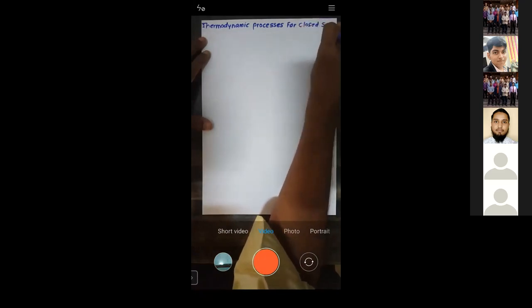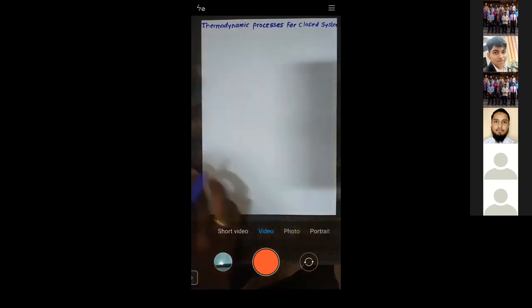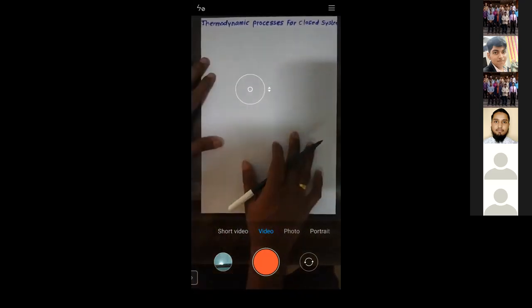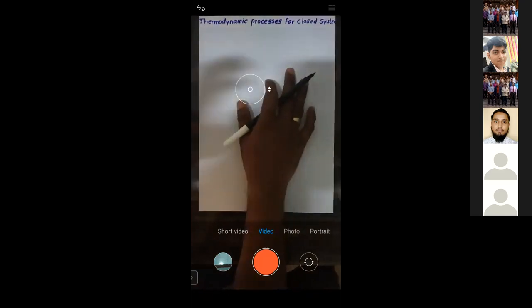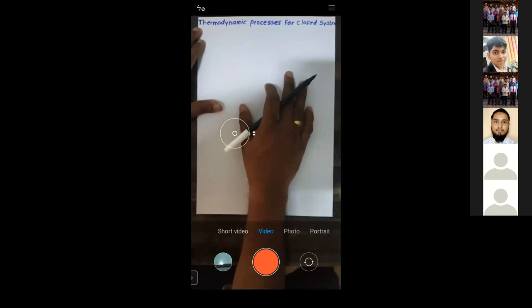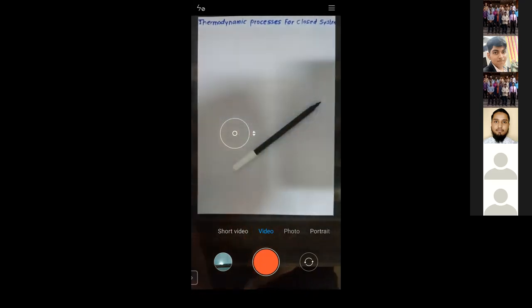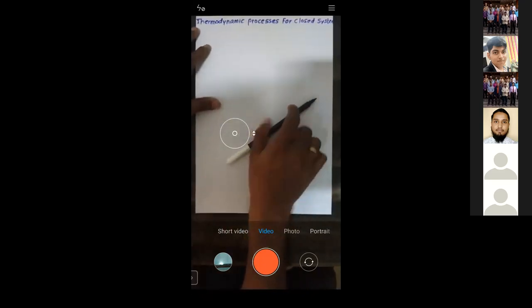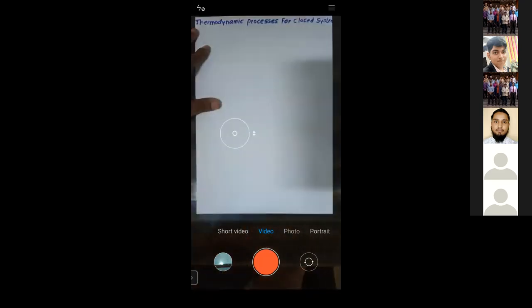For a closed system, we have a total of 5 processes. So let us start with the first process.